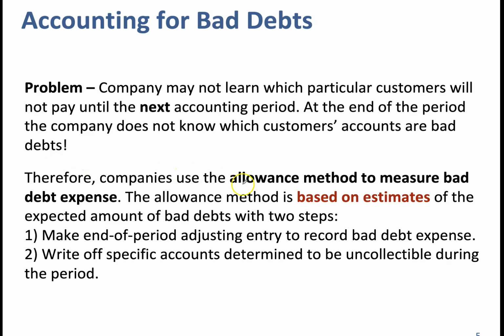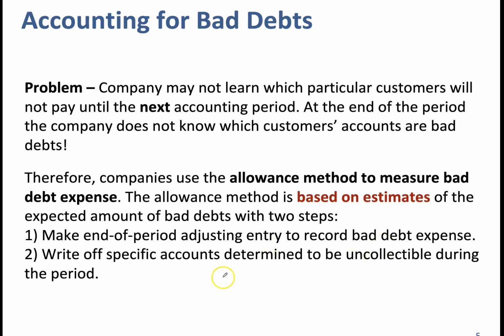So companies use something called the allowance method to measure bad debt expense. The allowance method is based on estimates of the expected amount of bad debts, with two steps. The first step is to make end-of-period adjusting entries to record our estimated bad debt expenses.